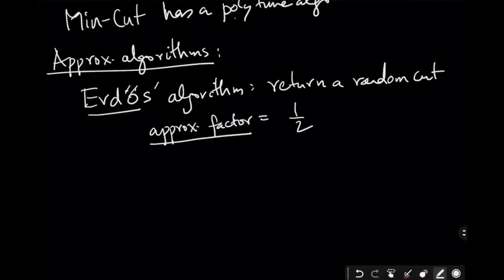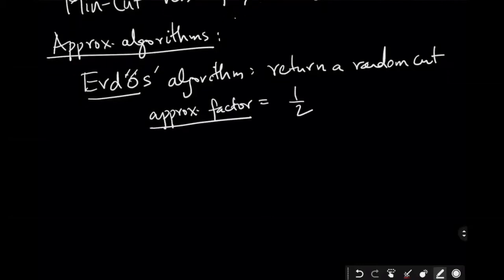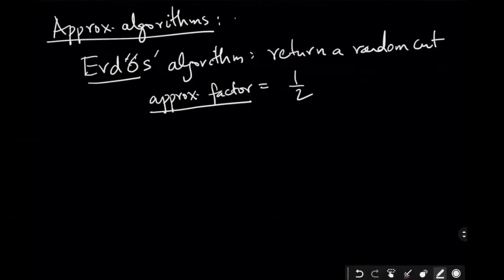For more than half a century, people thought long and hard on how to improve this basic algorithm of Erdős. How do you get a cut which is larger than, let's say, a random cut? After Khachiyan's discovery of a polynomial time algorithm for linear programming, there was a concerted effort in using LPs to solve such problems.